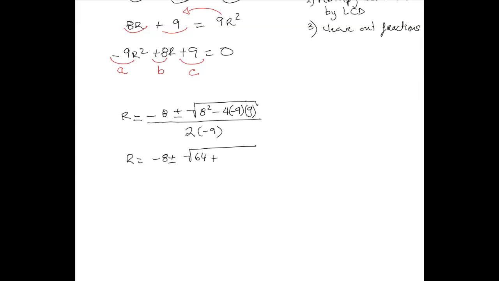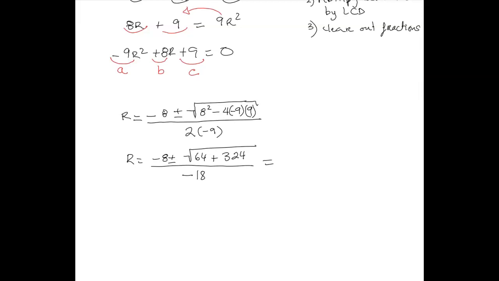So then you use my calculator. 4 times 81, 324. So it is 324 over 2 times A, negative 18. All right. So let me just go here. I'm just going to simplify whatever is inside the radical.